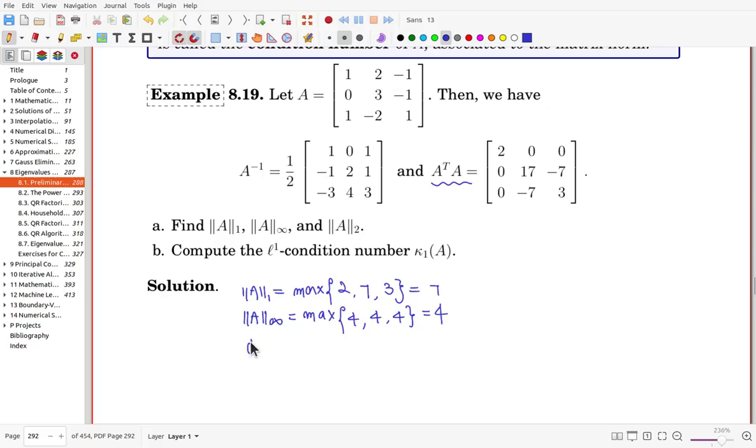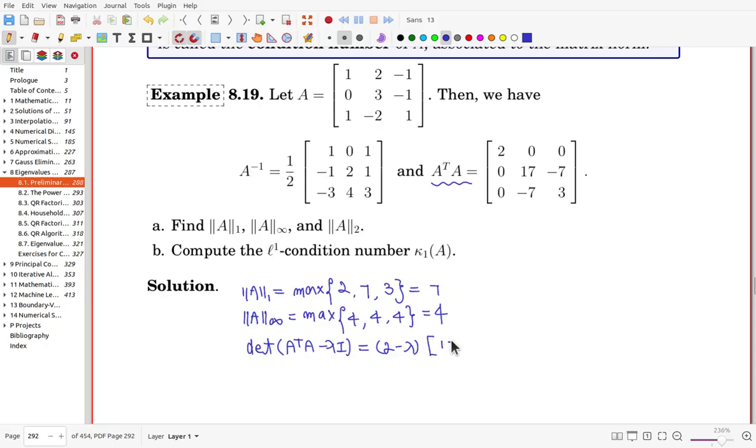Okay, let's start with finding eigenvalues of A transpose A. A transpose A minus lambda I. Then we put here minus lambda, minus lambda, minus lambda, and try to get the determinant. I purposely made this matrix so that these two are 0, and then the determinant computation is way simplified.